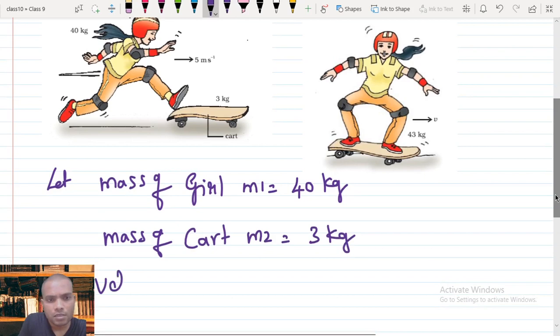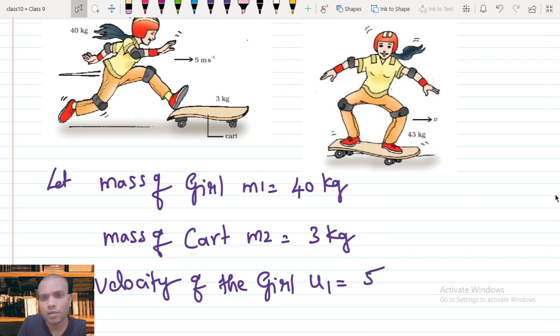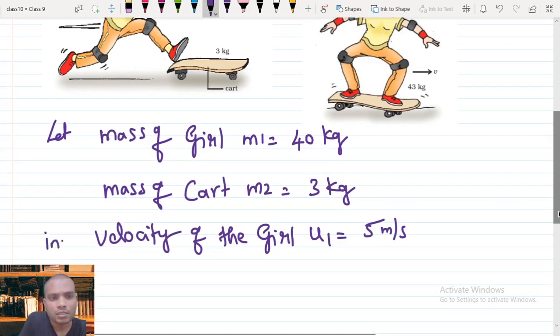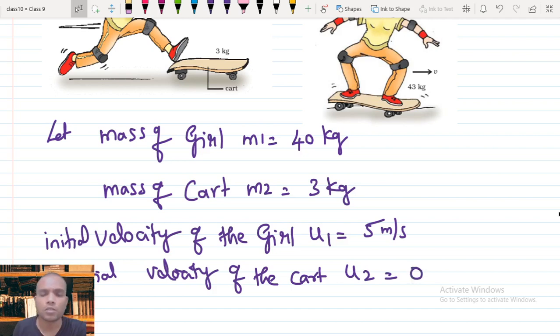The velocity of the girl, let me take this as initial velocity u1 equal to 5 meter per second, and the initial velocity of the cart is u2. The cart is at rest, so u2 equals 0.